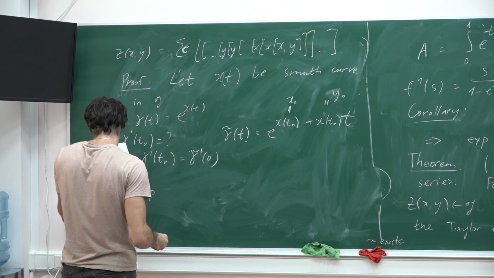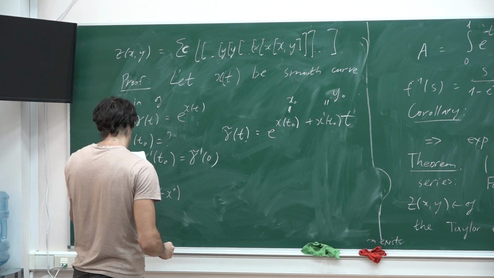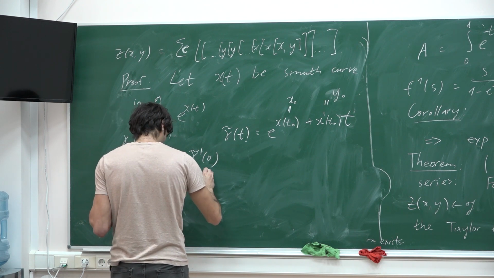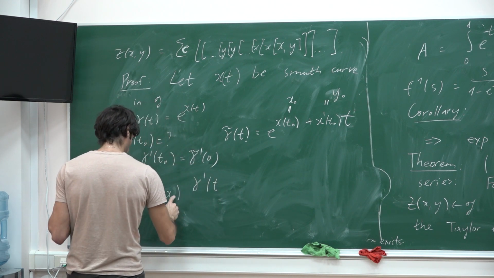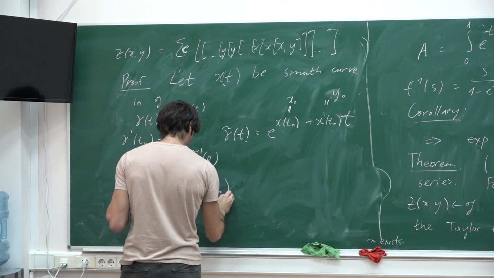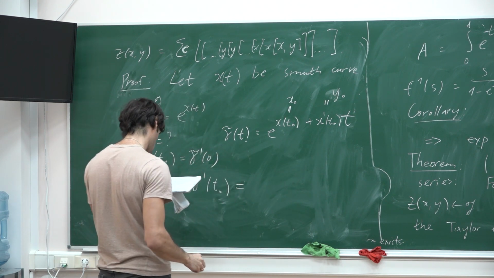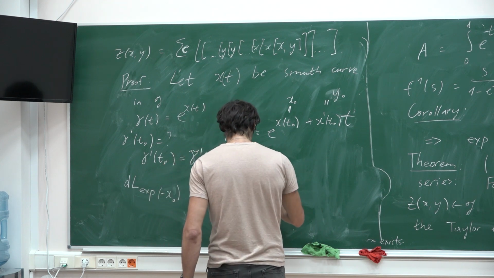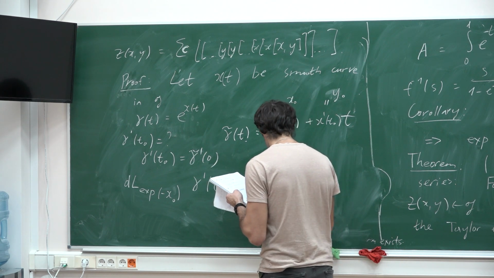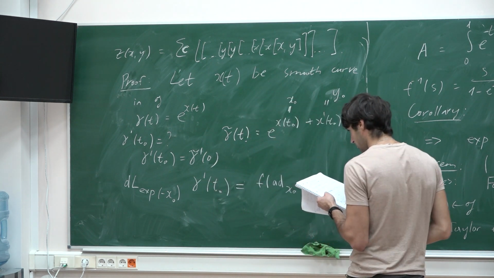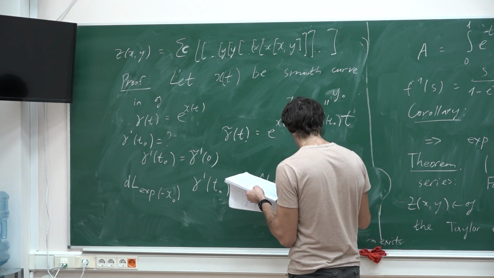Okay, and so I would like negative x0 at gamma prime at 0 here at t0. So I claim that this actually is f of ad x0 applied to y0.